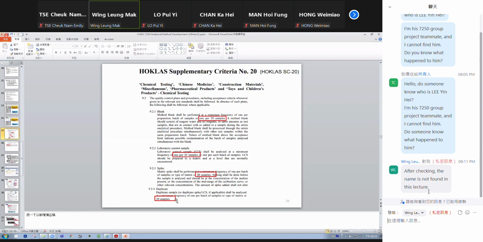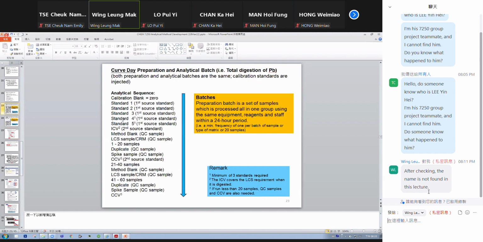Duplicate also every 20 samples. With the sequence, every 20 samples you need to have a method blank, duplicate, and so on like this. Okay, and then repeat it, and repeat it again and again.